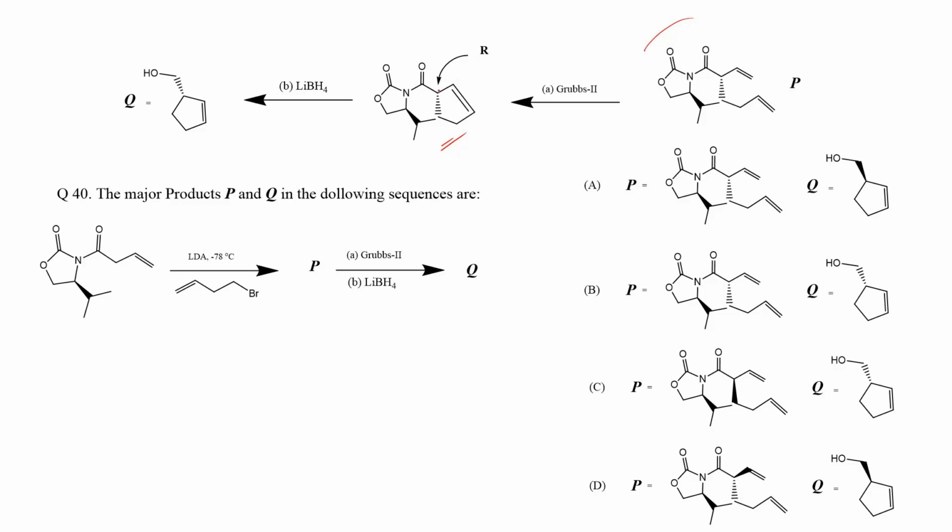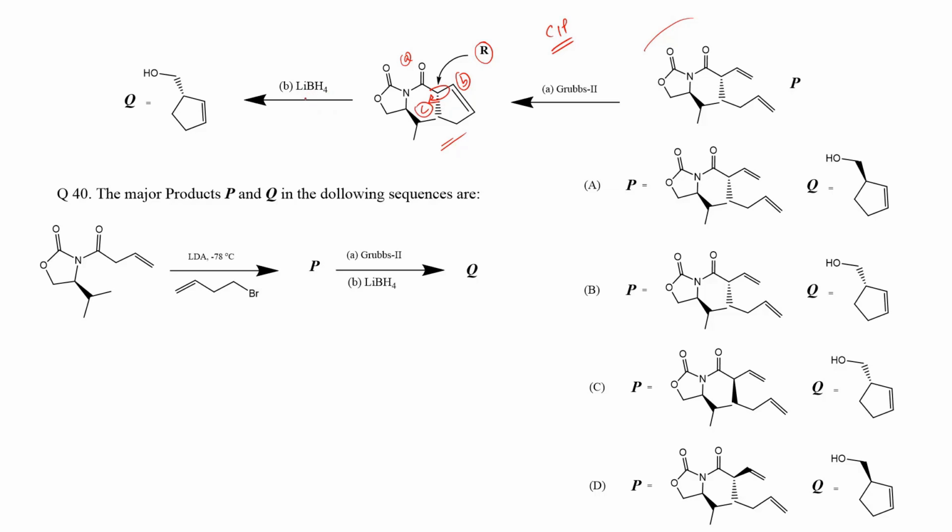Now, what is the stereochemistry of this position? It is R. How do we get it? This is A, this is B, this is C, and hydrogen is above the plane, so it will be R.